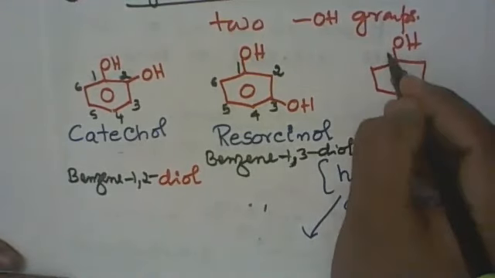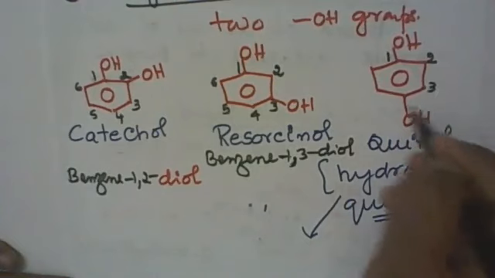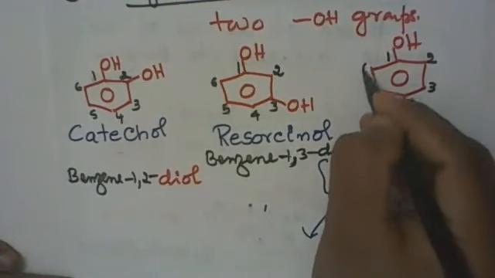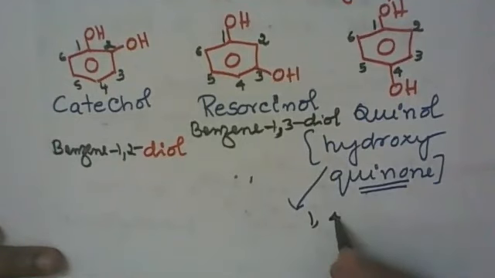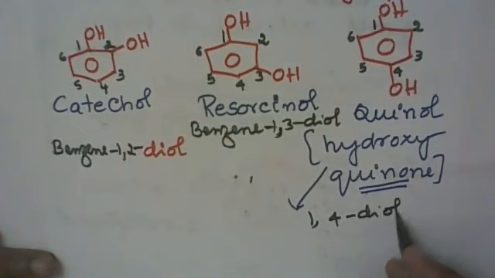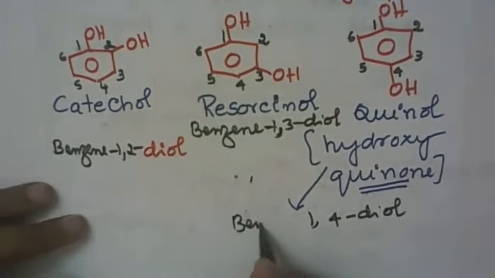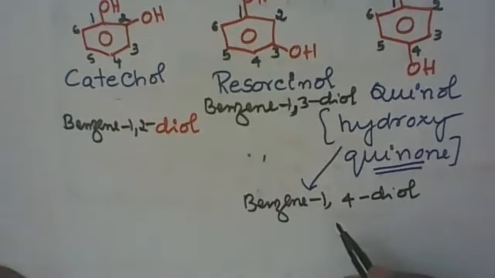Quinol: 1, 2, 3, 4, 5, 6. This should be named 1,4-diol. But they are on the benzene, so it should be benzene-1,4-diol.